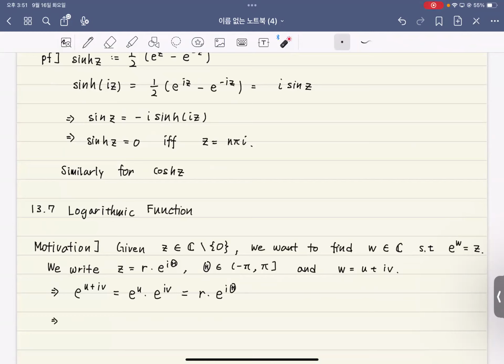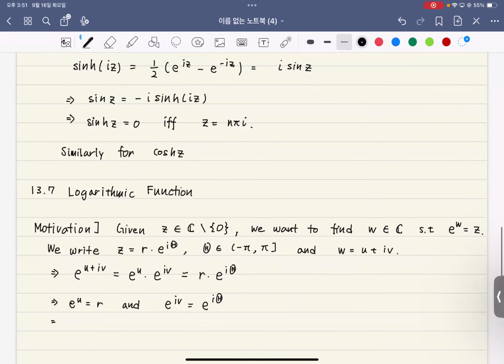So in order to be the same, this number should be R, and this number should be e to the i times Theta. So e to the U is R, and e to the i times V is e to the i times Theta. It tells us that U must be the natural log of R, and V is Theta?